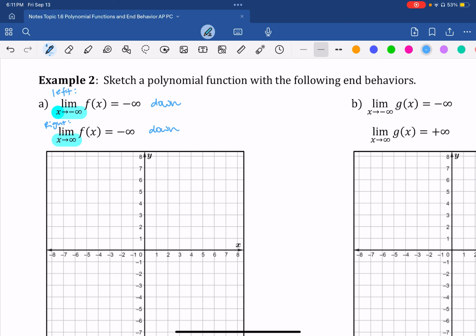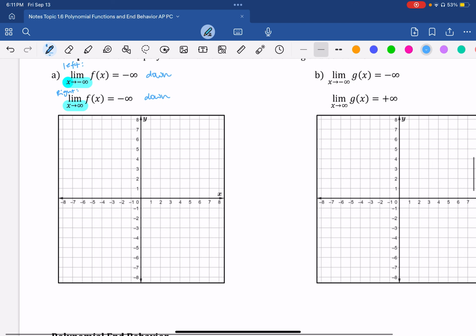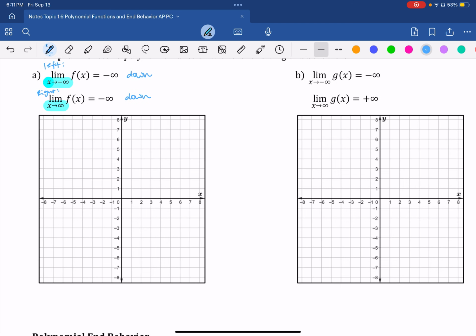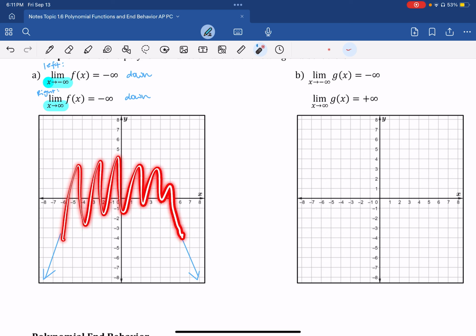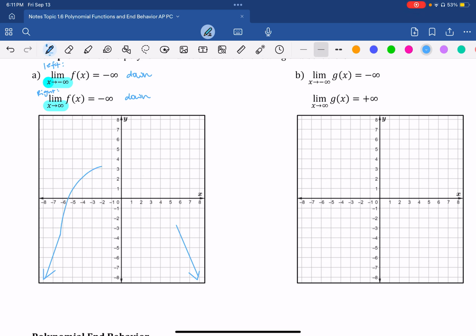Now, because this is a sketch, all of your sketches might vary, but I'm going to start off with making sure that on the left side, I'm going down, and on the right side, I'm also going down. Now, what you do in the middle is up to you. If you want to do something like this, or if you just want to fill it in like this, or you can do something crazy like this, okay? The middle of it doesn't really matter. I'm just going to do like a little M shape like that, okay? Again, the middle does not matter as long as your left limit is pointing down and your right is also pointing down. That answers the question.